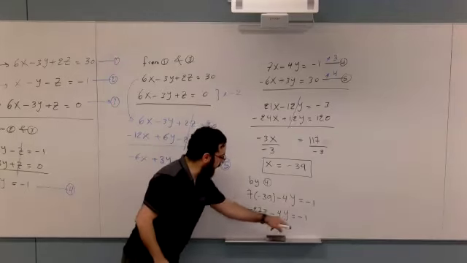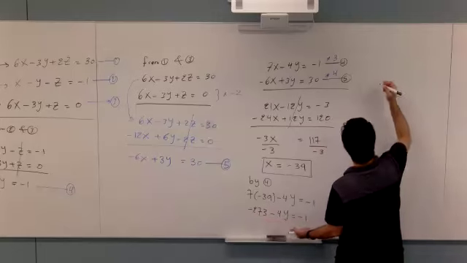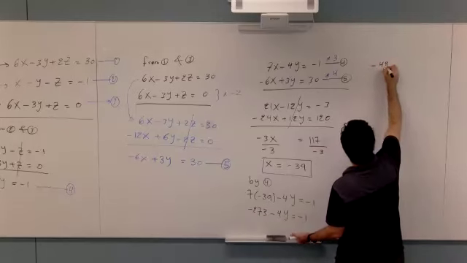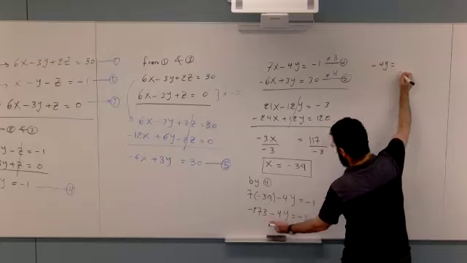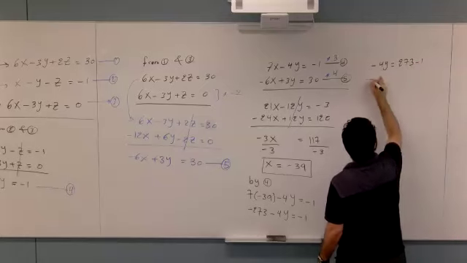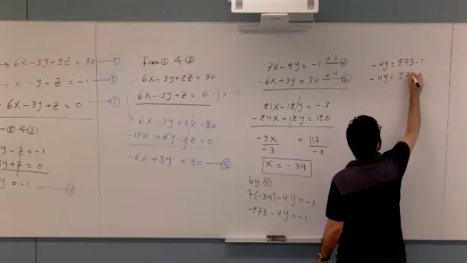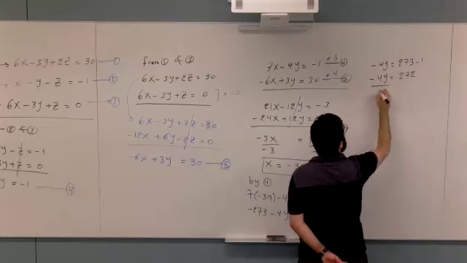We're gonna move this one to the other side. So what are we gonna get? Negative 4y equal positive 273 minus 1. That means negative 4y is going to be equal 272. Divide both sides by negative 4.